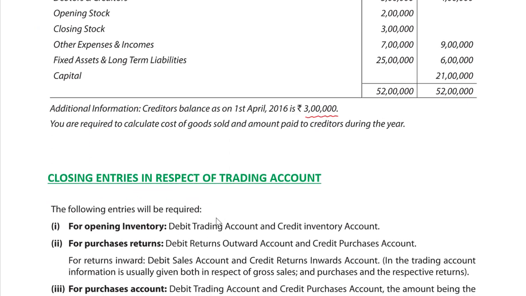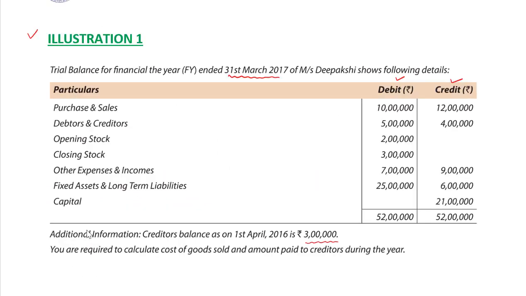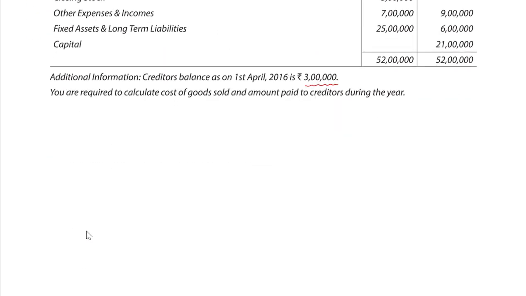Let us continue. Solution. First of all, we'll calculate the cost of goods sold. Cost of goods sold.